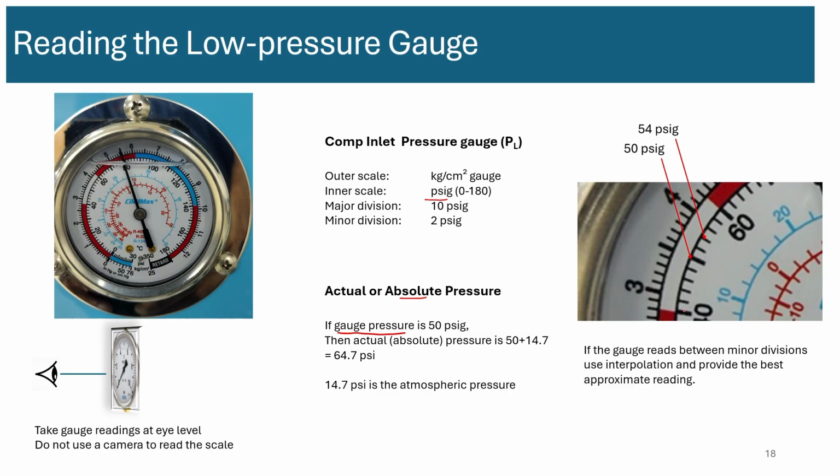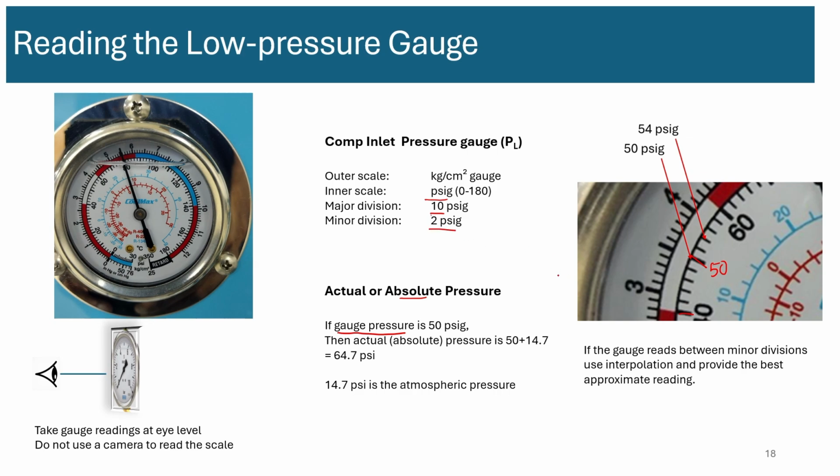If you look at the psi scale, each large division, okay, so if this is 40, then this is 50, and this is 60. So each large division is 10 psig. The major division is 10 psig. And there are 5 divisions in between, so each of those 5 divisions is 2 psig.